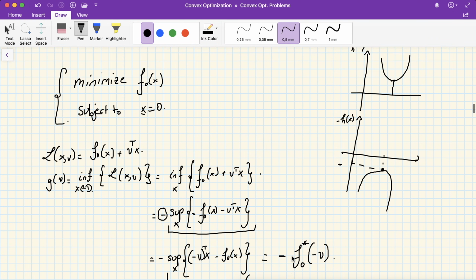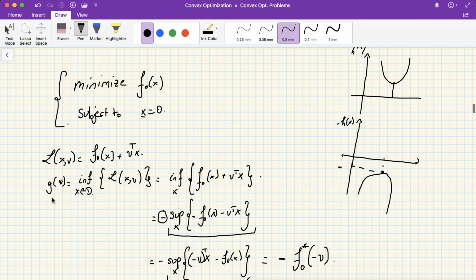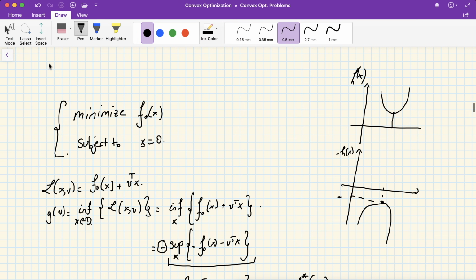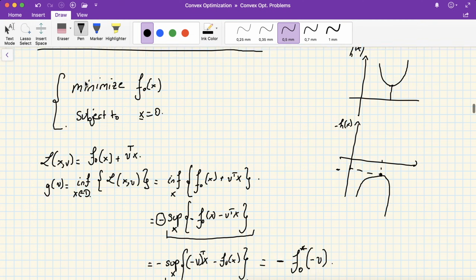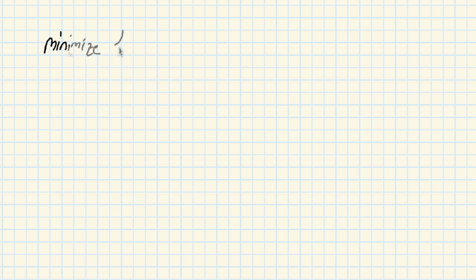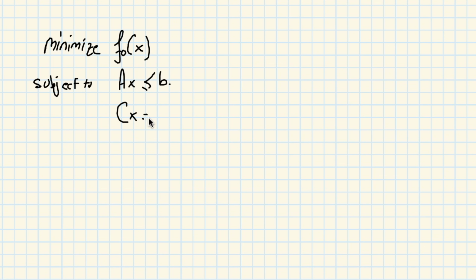So for this problem right here, we see that the dual function is written in terms of the conjugate function of the cost. So we're going to name this section of the lecture relationship between the conjugate function and the dual function.